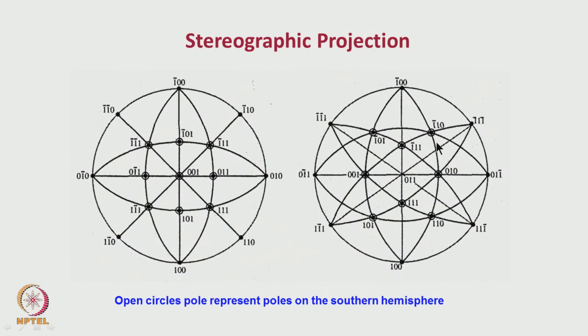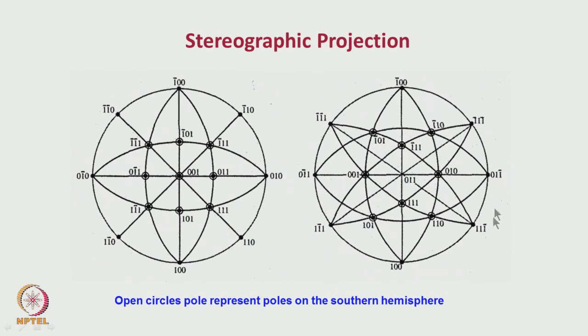Similarly, 1 bar 1 1 moved on this latitude and reached here, and 1 bar 1 0 has moved and come here. The pole which was below this plane has now come onto this surface, and the 011 bar which was behind this has come onto this part. So, this is the new stereogram for 011.